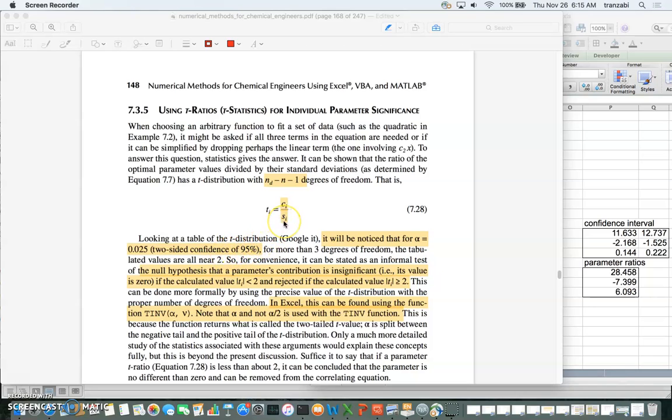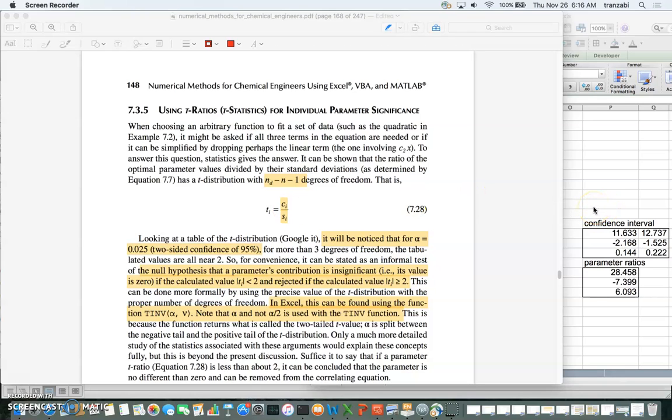So we get a ratio t_i, and then we go back to the t-distribution table and compare this t_i with the t from the t-distribution. If the absolute value of this t_i we calculate from this ratio is less than 2, then we're going to drop that parameter. If this t-ratio is bigger than 2, then we're going to keep it, which means it's significant. We have to have it.